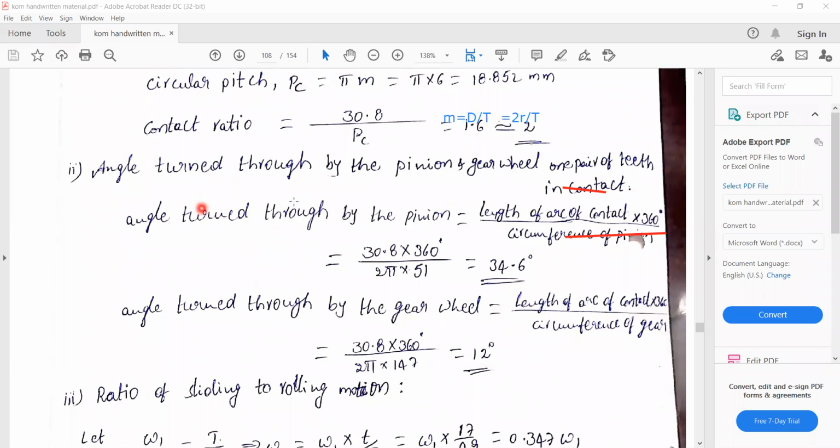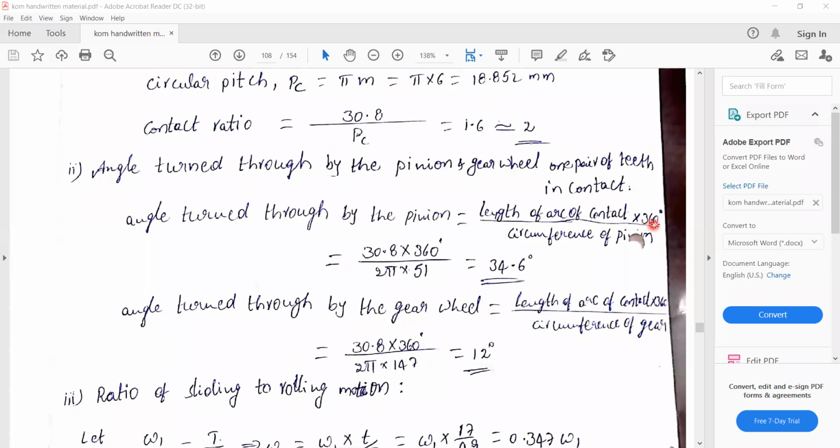Now coming to the angle turned through by the pinion and gear wheel when one pair of teeth is in contact. So now going to find the angle turned through by the pinion. That is the length of arc of contact into 360 degrees by circumference of the pinion. So that is the formula.